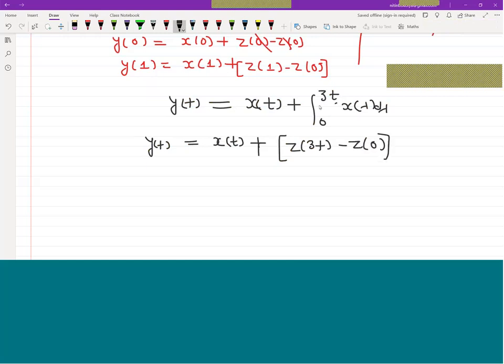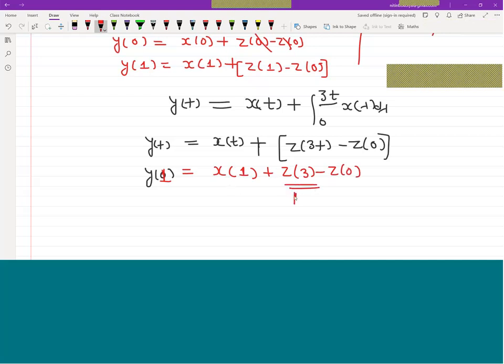In the limit, you will always get scaling. This means this is a non-linear, non-causal system. Why? Because y of 0, y of any positive number, is dependent on x of 1 plus z of 3 minus z of 0, and z of 3 is what?